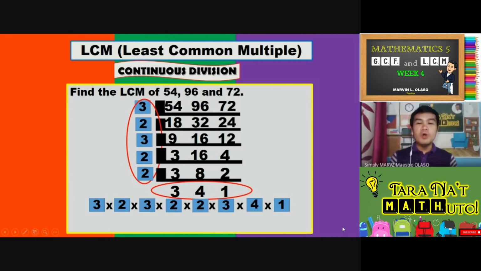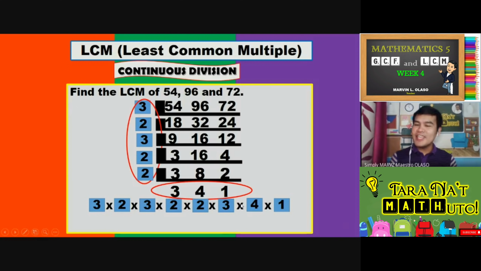Okay? Then, multiply all the factors. 3 times 2, we have 6. 6 times 3, we have 18. 18 times 2, we have 36. 36 times 2, we have 72.